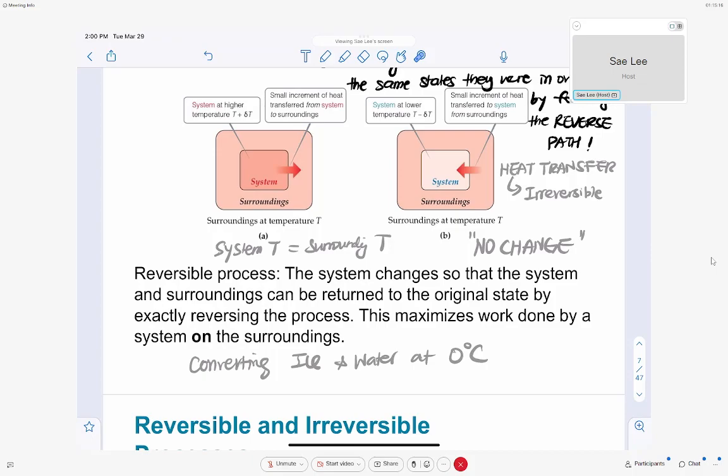Okay, so if the question asks whether a heat transfer process is reversible or not, you have to say it depends. If the change in temperature is extremely small, negligible, it is considered a reversible process. The key takeaway from this slide is the heat flow is only reversible if the temperature difference between the system and surrounding is infinitesimally, extremely small.